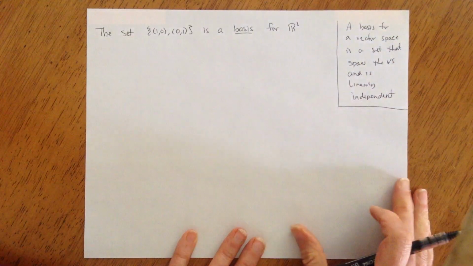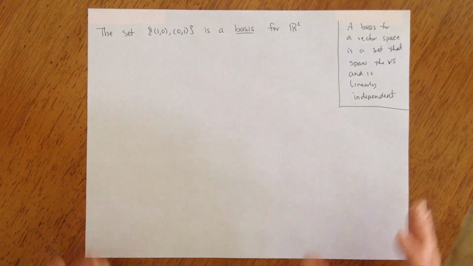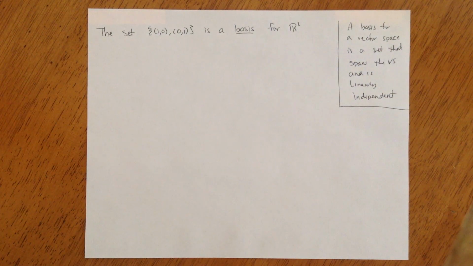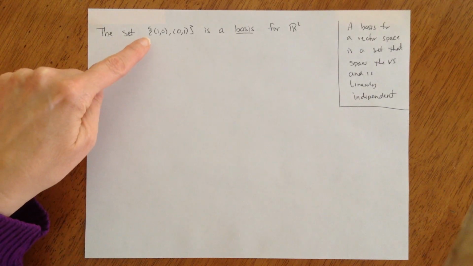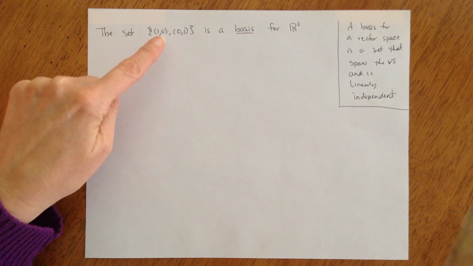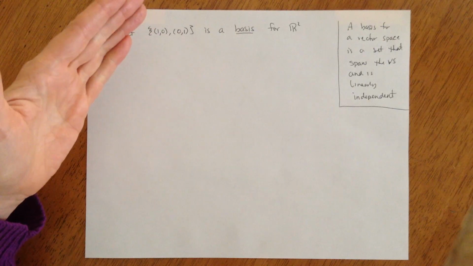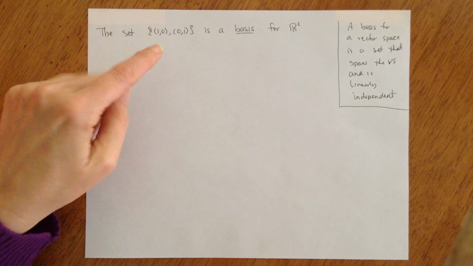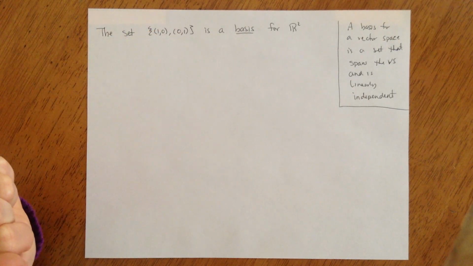So a vector space does have lots of different bases. So this is a basis for R2 because it's linearly independent and it spans R2, so you can get any vector in R2 by taking a linear combination of these two guys.